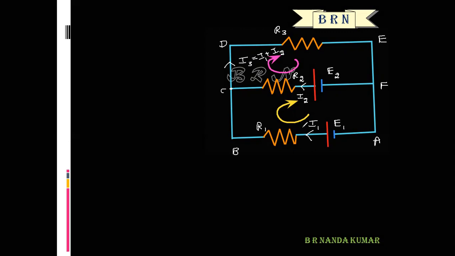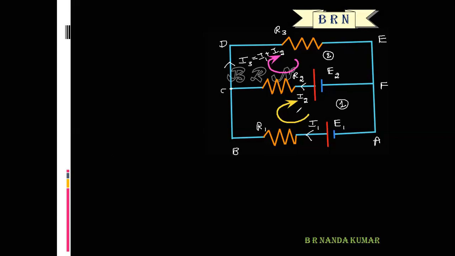To apply Kirchhoff's voltage law, the direction of currents in a loop is marked. It is very important. This is the indication in this loop. Let us consider this is loop number 2, and this is loop number 1.